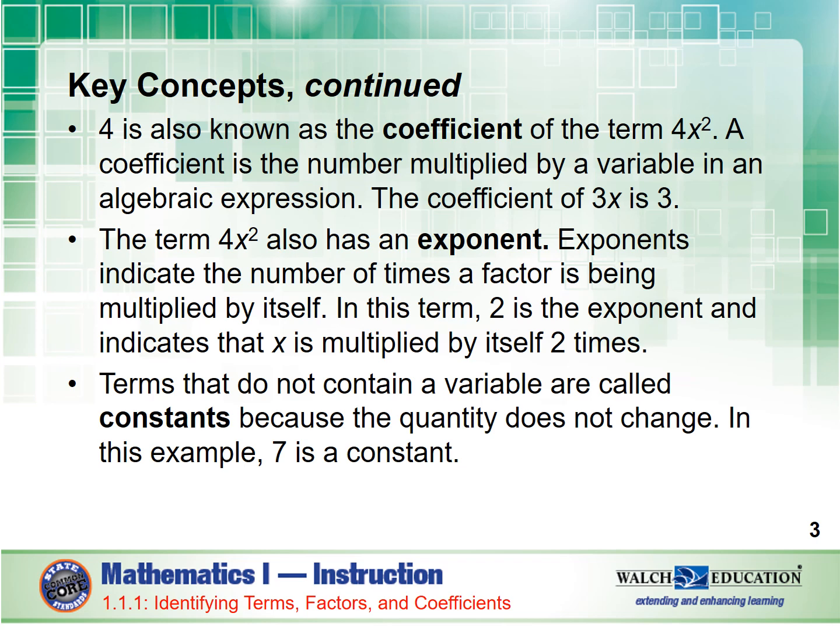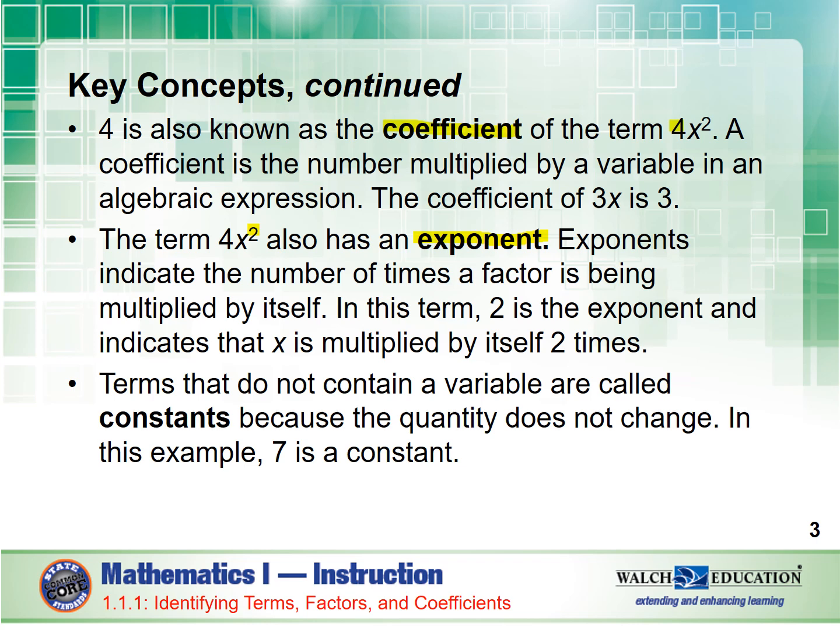So we've got a couple of different vocab words going on. We've got coefficient, and coefficient is a number. We have exponent. Exponent is the thing that tells you how many times a factor is being multiplied by itself. So in this case, 2 is the exponent, and it means that x is multiplied by itself 2 times.